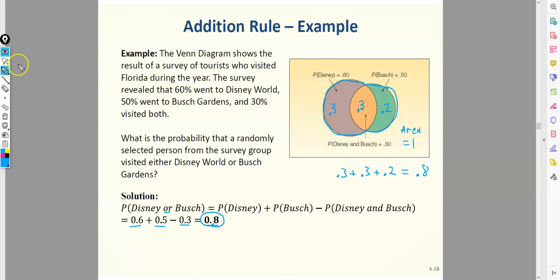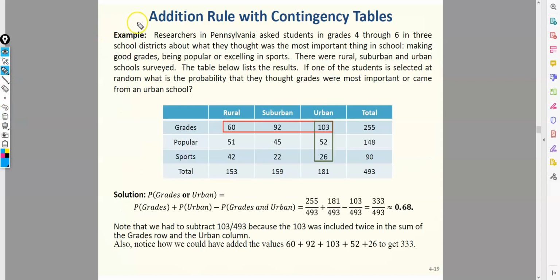Let's take a look at an example involving contingency tables. Now here's an example of how to use the addition rule with contingency tables. For this example, researchers in Pennsylvania asked students in grades 4 through 6 in 3 school districts about what they thought was the most important thing in school: making good grades, being popular, or excelling in sports.